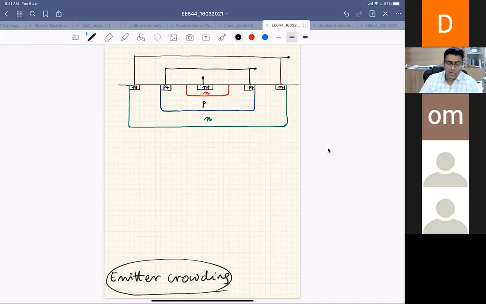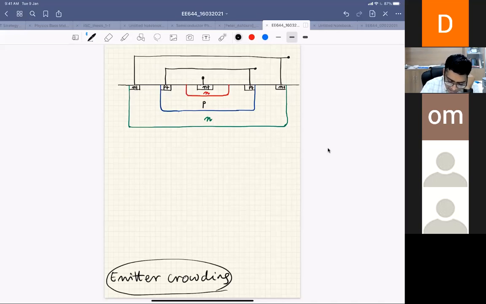So let's take my bipolar junction transistor. The schematic I have shown, right? I have my emitter, base, and collector, NPN. Let's say your base-emitter junction is forward biased.